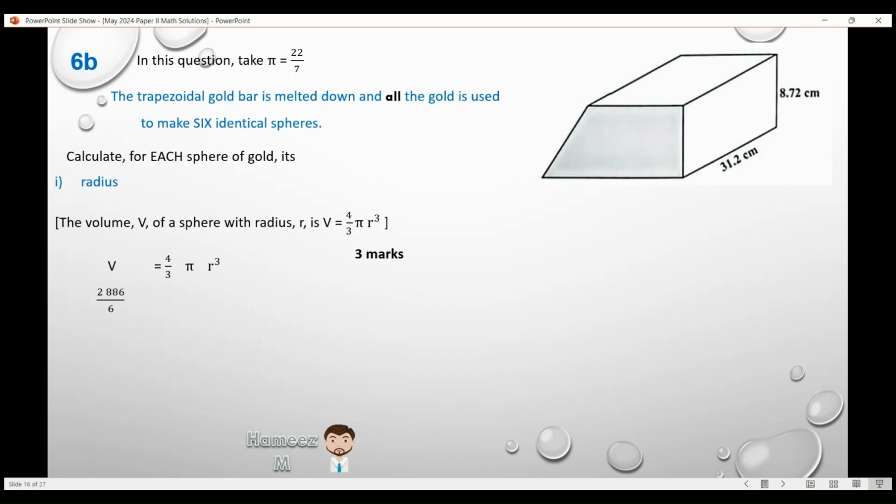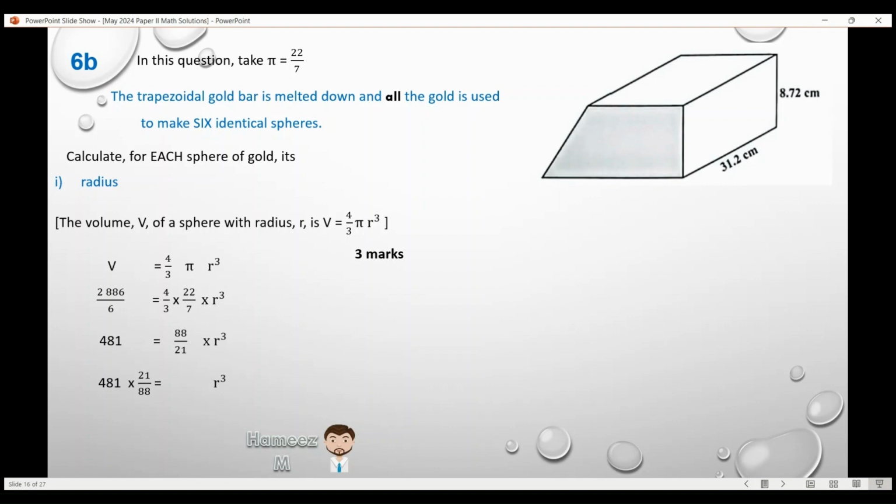So it'll be 2,886 divided by 6 is equal to 4/3 times pi, which they gave us above as 22/7, times r cubed. And if you look at the line now, we have one equation and we have one unknown. So we can solve. So let's just move it across. First of all, 2886 divided by 6 is 481. 4 times 22 is 88 over 21 times r cubed. The 88 is multiplying on the right hand side. When I carry it across, it'll divide. And 21 is dividing.